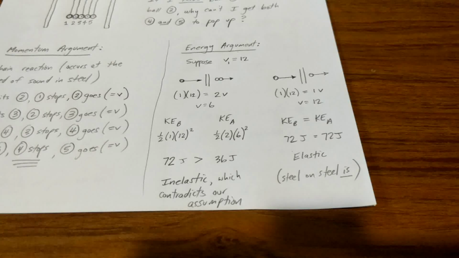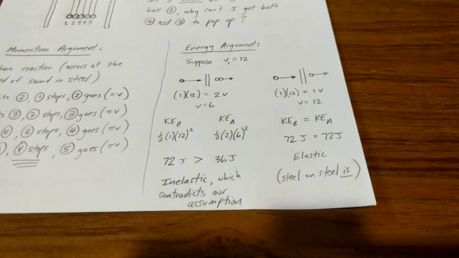If that's the goal, we still have to conserve momentum in the interaction. That means if ball 1 had a speed of 12, then the two balls that are coupled and leaving together would have to have, according to conservation of momentum, a speed of 6. If that's the case, we can calculate the energy required for those two balls to have a speed of 6. Here that goes.